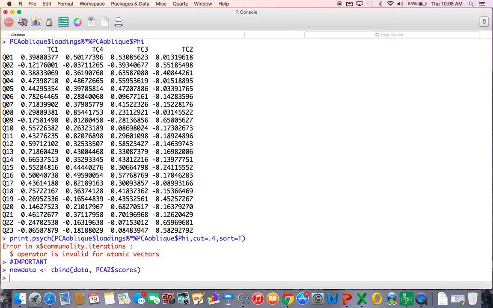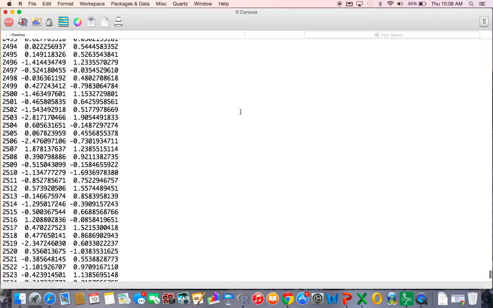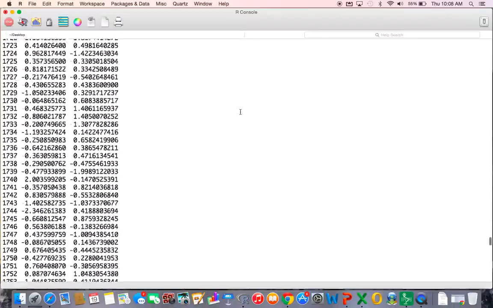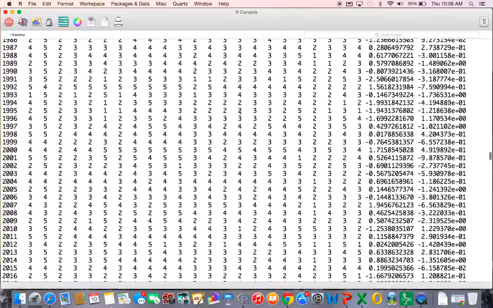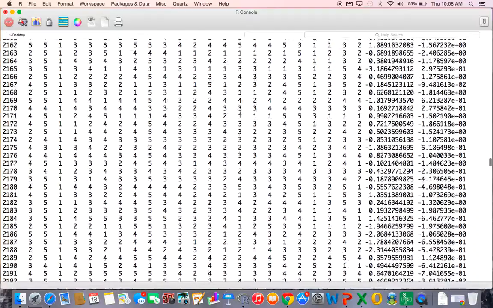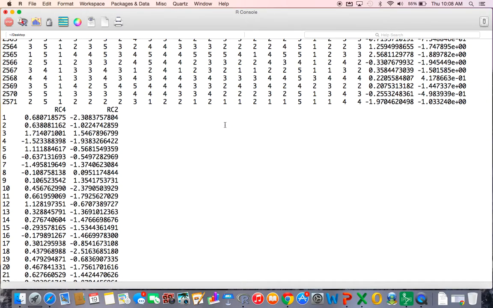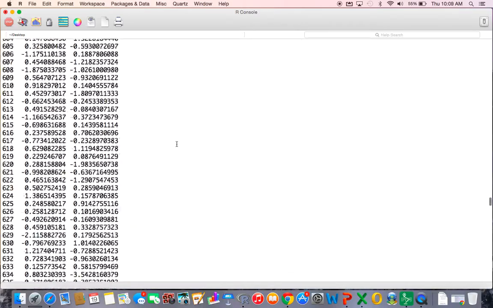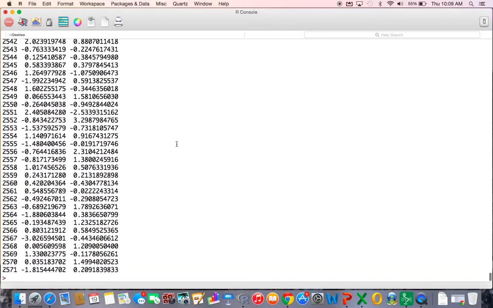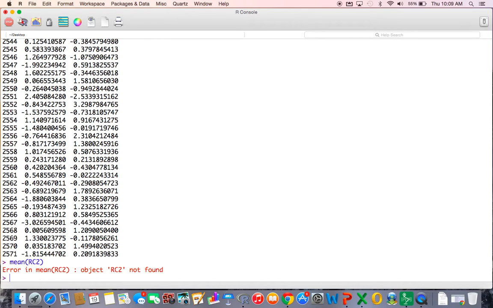Now, what I can see now is I have new data. And it's a little strange because it's a huge data set, when you have this many people who have participated, the 2,571. But the cool thing now is I have a variable called RC2. So if I wanted to find the mean of RC2, I cannot do that.